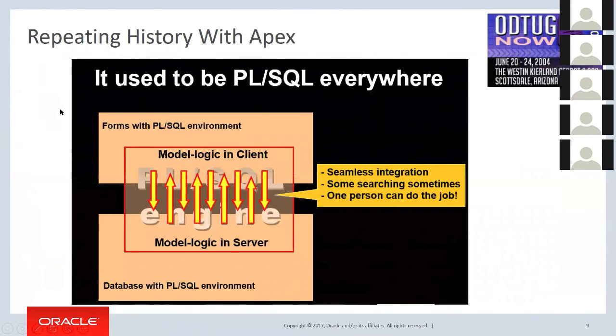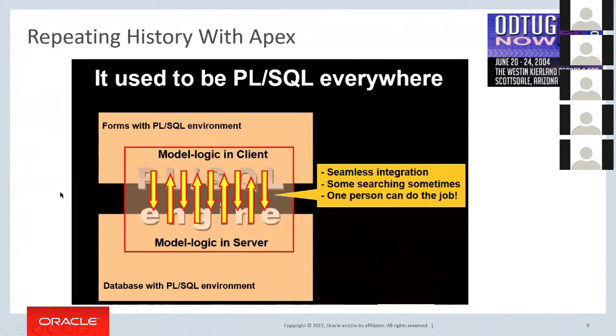However, I have issues with Apex because I think history is repeating itself right now. In the 90s, we had this very hugely popular development environment called Oracle Forms, SQL Forms. And SQL Forms was a client tool. It had a client-side PL/SQL engine, and we had PL/SQL in the database. I'm using an old slide here that I presented, I think it was 14 years ago at ODTUG.